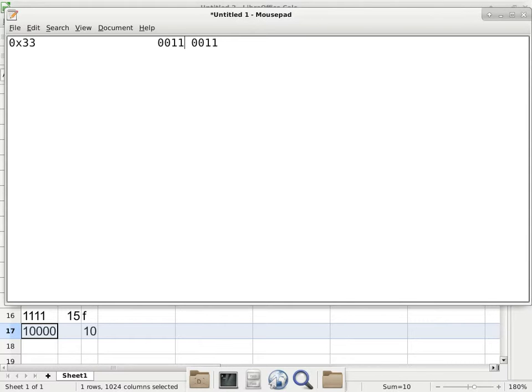Correct. So you would just write that down, you wouldn't carry the 0x with it? You mean on the binary side? Yes. There's no way to actually represent numbers in binary in C or C++. They do not recognize binary numbers.